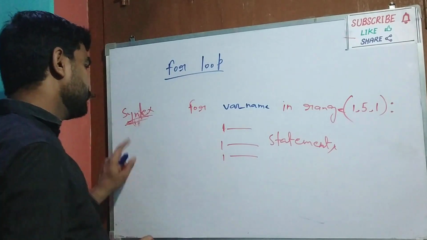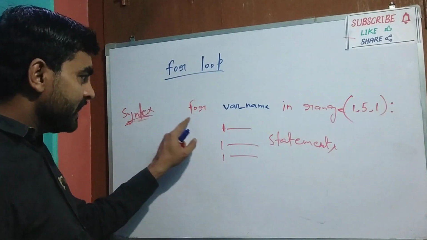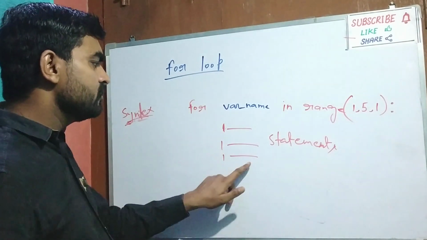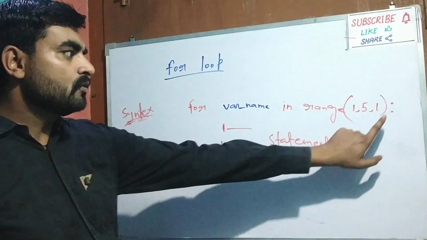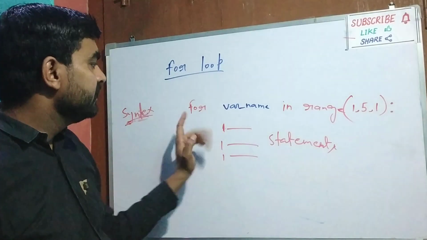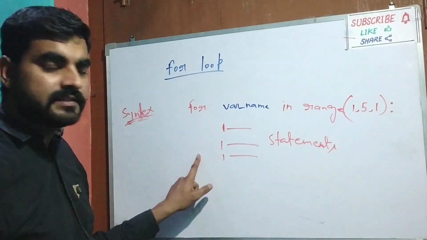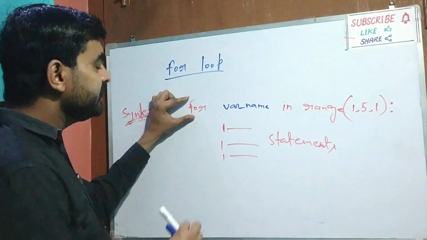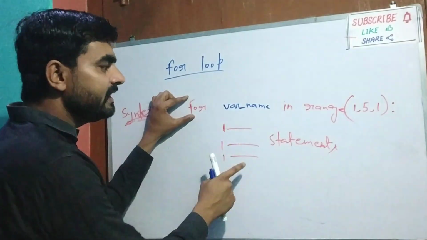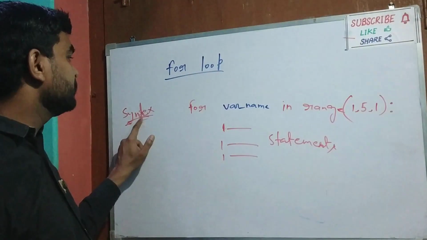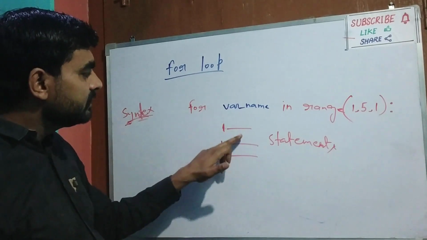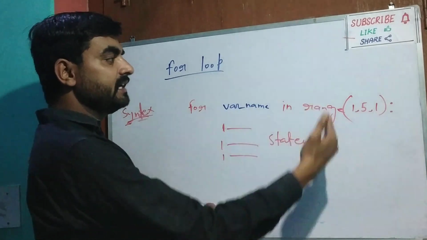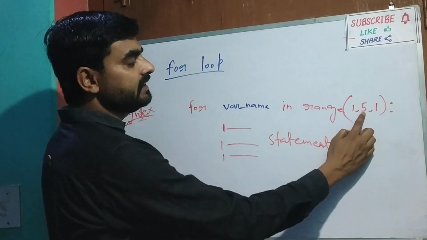So student, why these 4 spaces? Actually, here the for loop is not completed. This colon will make an indentation of 4 spaces, and this is the grouping of statements. It means that these 3 lines are part of the syntax of for, and these statements are going to repeat till this condition is true.